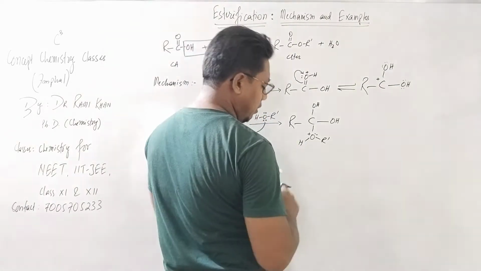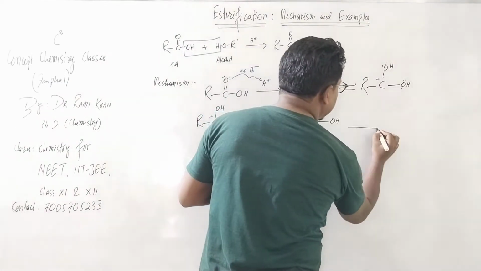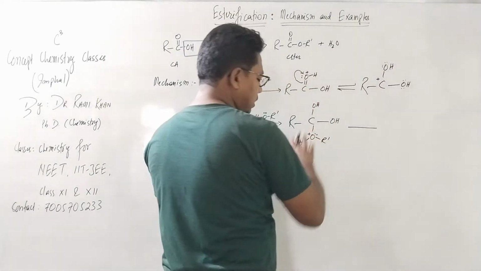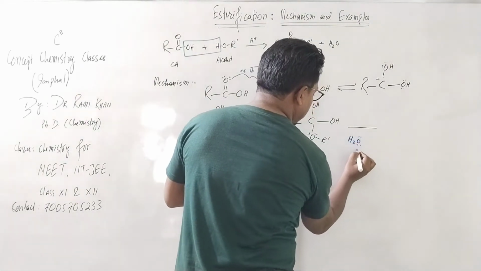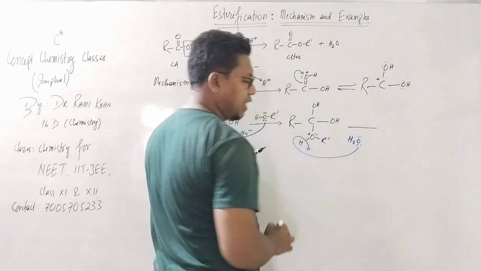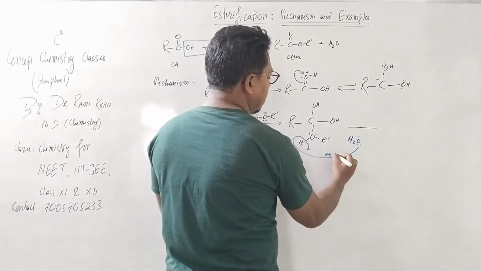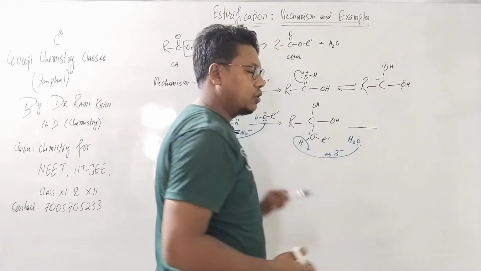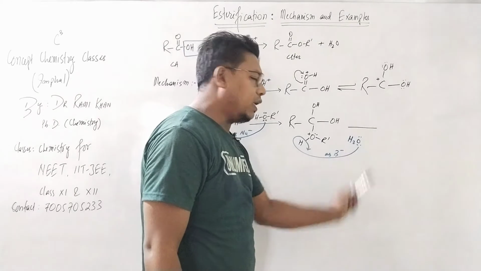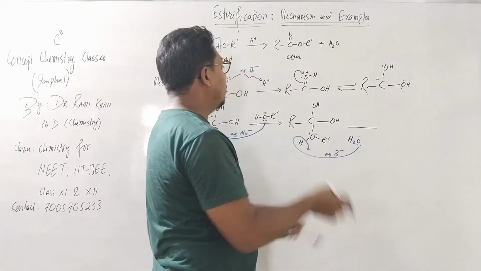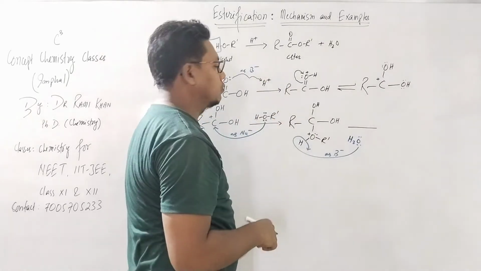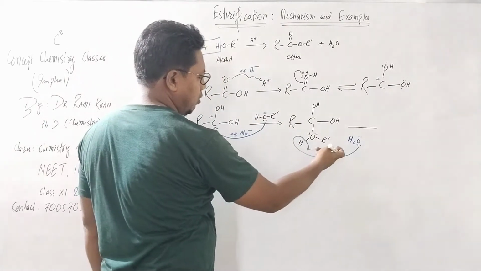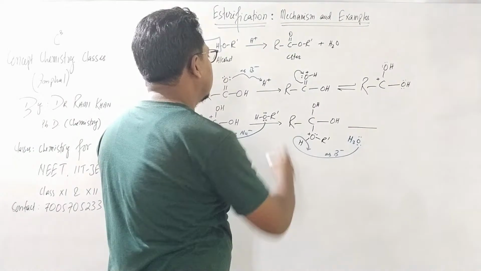This H plus ion will be taken out from this intermediate by water. This hydrogen will be abstracted, again by a base. In some books, this base is the conjugate base of the acid.